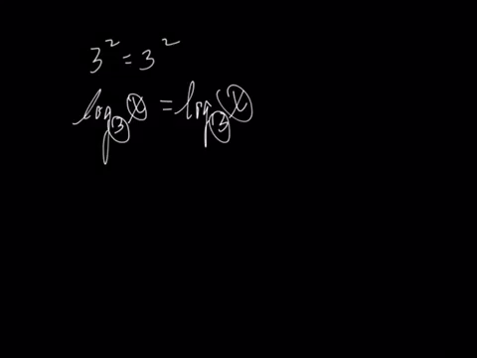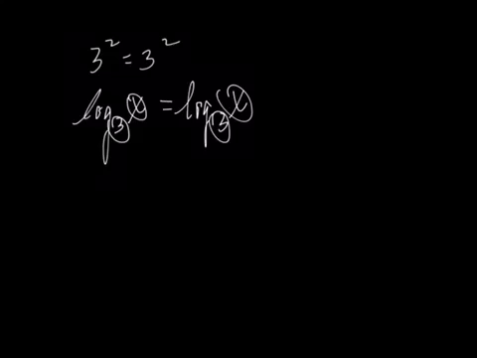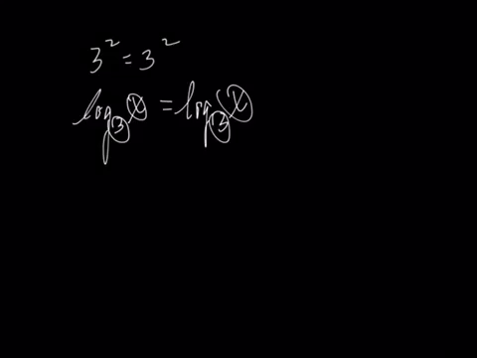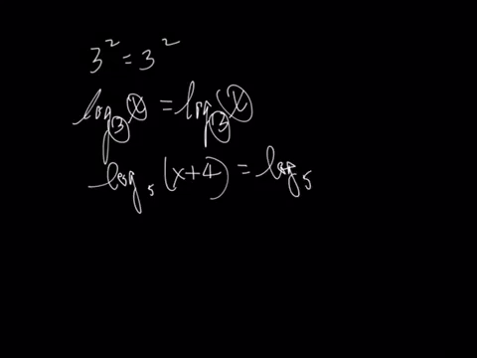So let's look, for example, at something like log base 5 of x plus 4 equals log base 5 of 7. All right, so a key thing here is that my bases are the same.